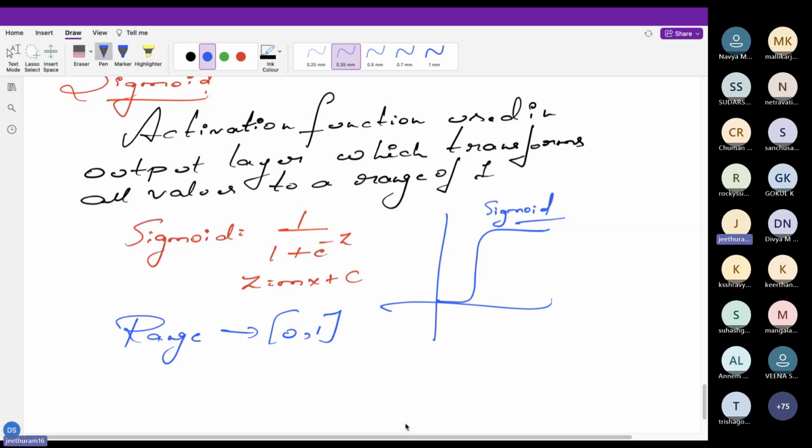Done, clear? Any questions? So this is related to sigmoid.